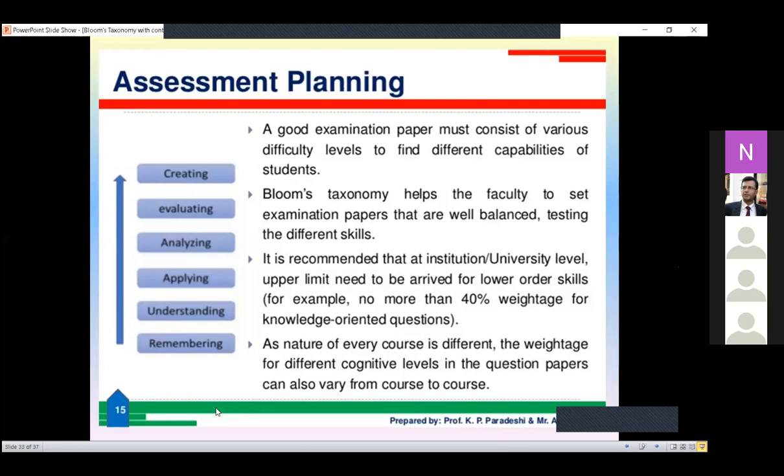If you take a design course or an architecture course, where skills are more important, there the apex level is definitely possible. But if you take liberal arts, then for the examination part it may not be suitable. Again, depending upon the course, the weightage can vary.